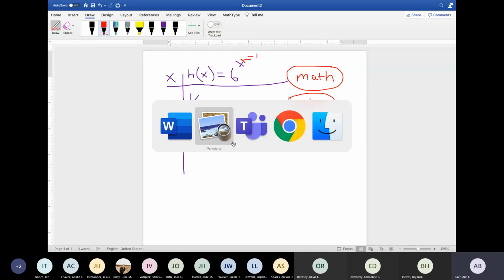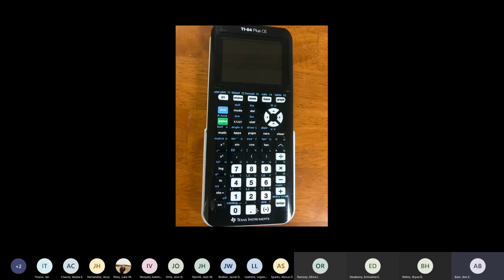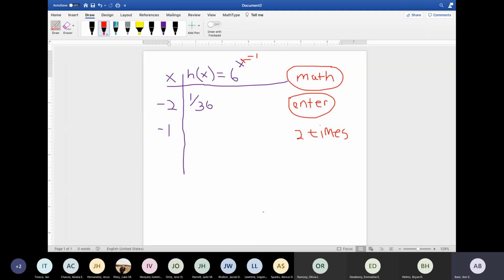When you select a negative sign, make sure you're selecting the negative in the bottom row of the calculator and not the subtraction sign. That's important. So we have 6 to the negative 1. Then I'm going to right arrow out of the exponent and do math, enter, enter.